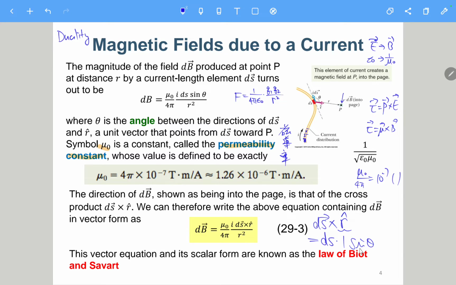So this is actually the same as the scalar form, so there's no problem. This R hat is a bit tricky. Don't try to plug in R as the distance here, or you will make mistakes.